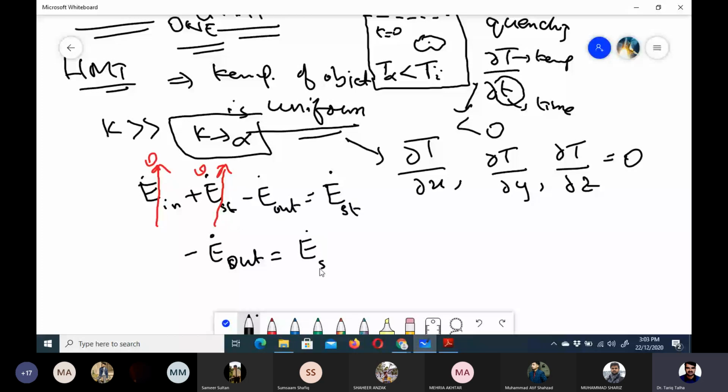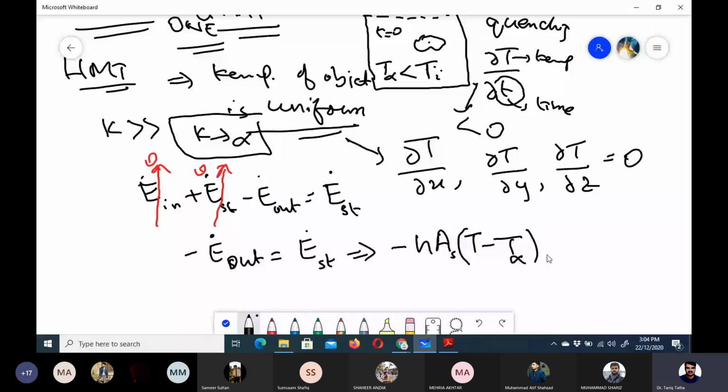Now, how can we write E dot out? That is basically the heat transfer due to convection. So we can write minus h into As, where As is the surface area of this object, into T minus T infinity, where T is a function of time.